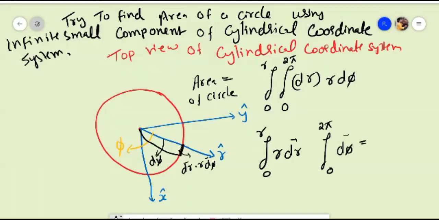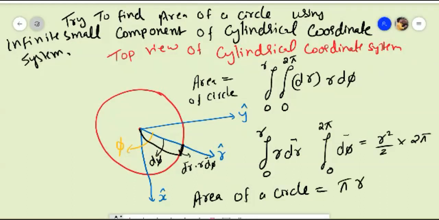So we can just integrate, and you know that the integral of r from 0 to r is equal to r square by 2, and that is multiplied by the integral of d phi from 0 to 2 pi, which is equal to 2 pi. So from this we get the area of a circle equal to r square multiplied by 2 pi divided by 2, so that is equal to pi r square.